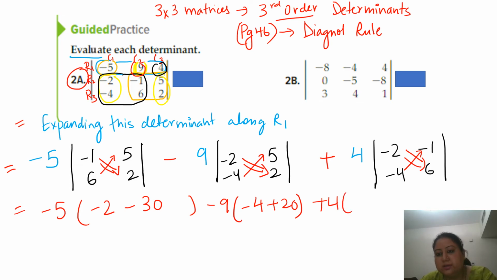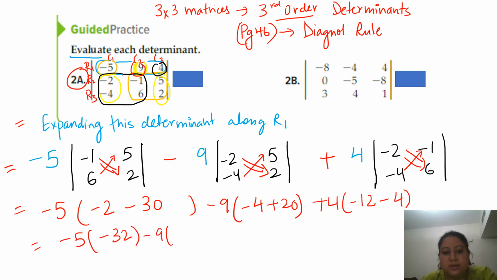Then -12, negative of negative is positive, plus 4. But you also subtract, so another negative comes. So negative 5, negative 32, negative 9, 20 minus 4, 16, plus 4, negative 12, negative 4. So negative 16. I hope the calculation is okay.